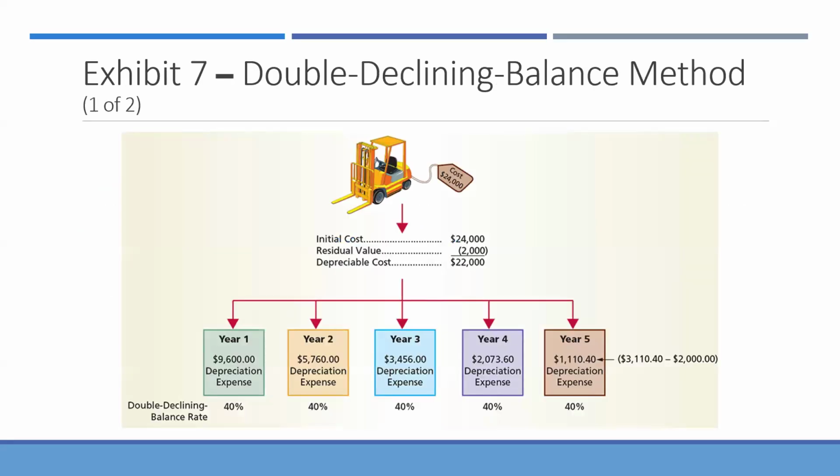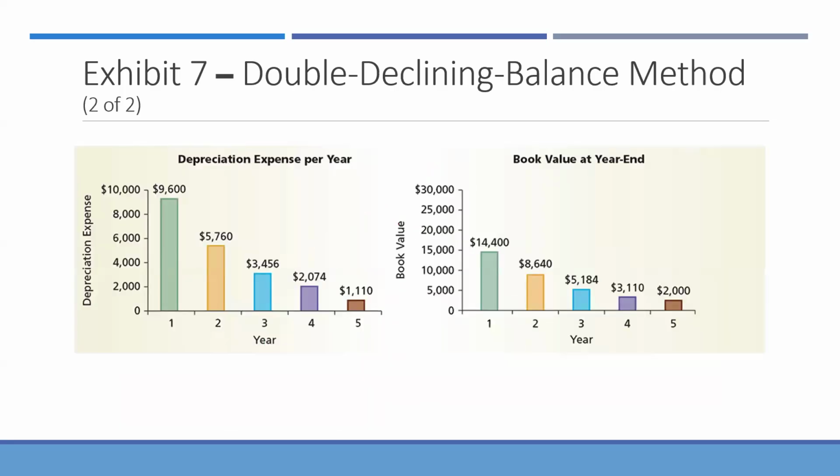And so over the life of the asset, we have sort of exponentially less depreciation throughout the period. And then the majority of the asset gets depreciated in the first year and then less so in the future years.